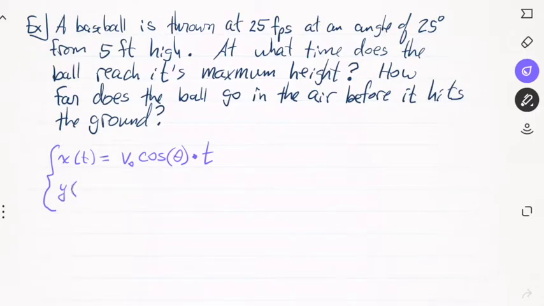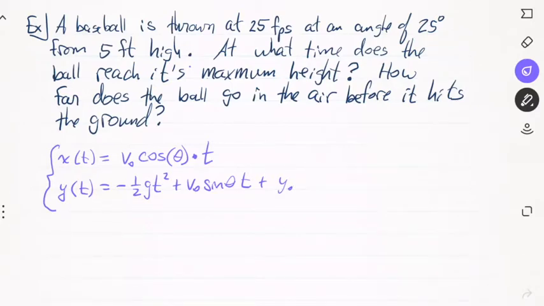And the y coordinate function of t is negative 1/2 g t squared plus v sub 0 sine of theta t plus s sub 0. Well, actually, we should probably call that y sub 0, because we're talking about y on the other side, not s.